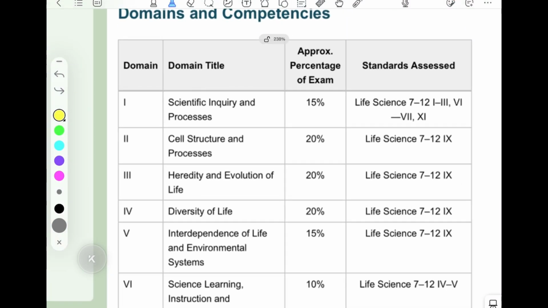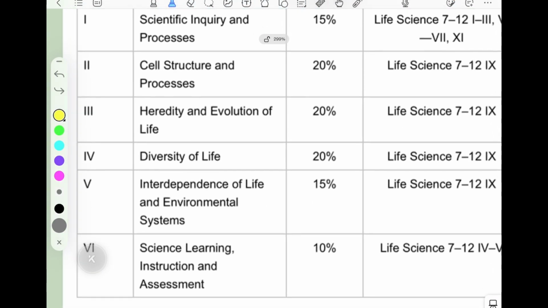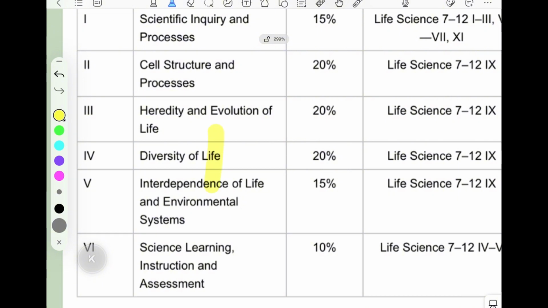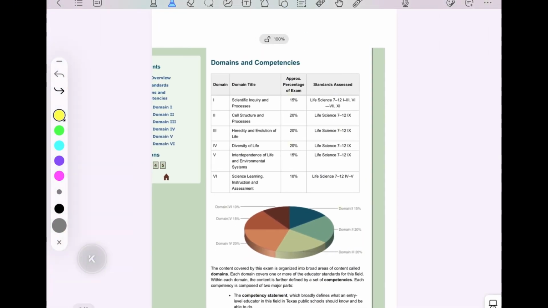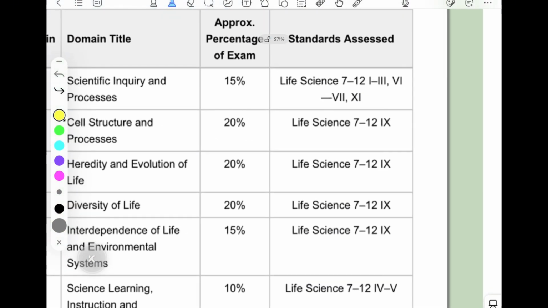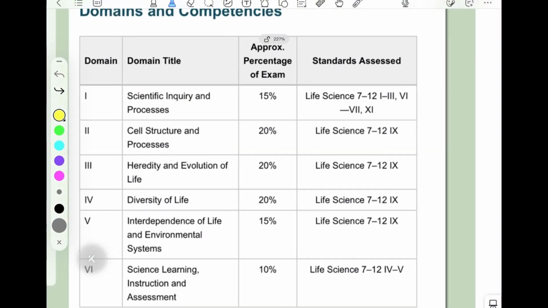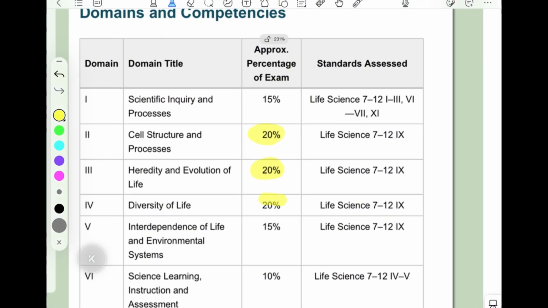The sections consist of scientific inquiry and processes, cell structure and processes, heredity and evolution of life, diversity of life, and more. One important strategy: focus first on the sections that make up the bulk of the test. Once you have those, start focusing on the 15% ones, then the 10% ones. That's the order you need to focus on. So anyways, let's get back to the prep.